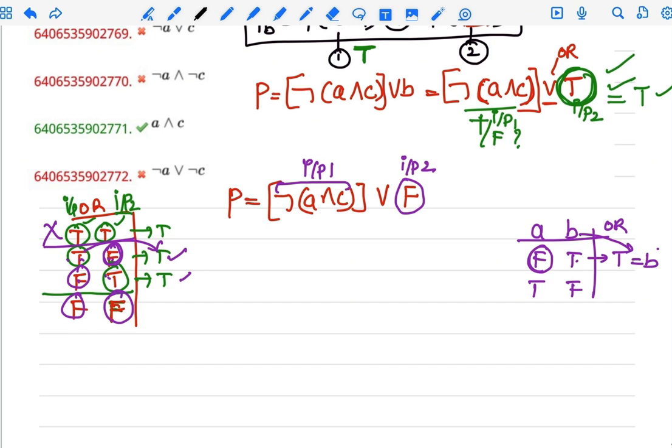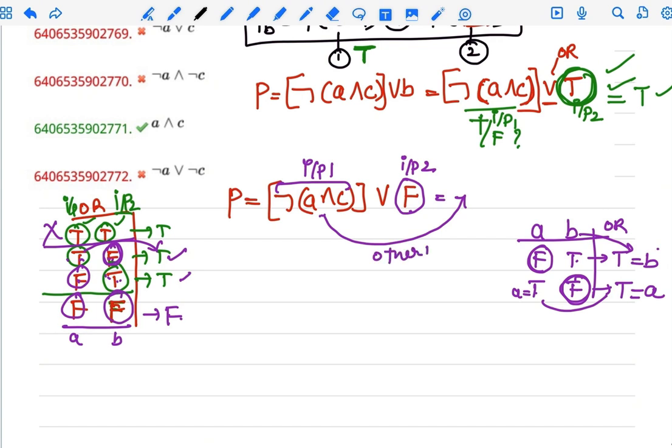If the other input is true, the output is true. If both are false, the output is false. Means in the OR gate, if one of the inputs is false, the output is the other input only. The resultant output is the other input, that is, not of (A and C).